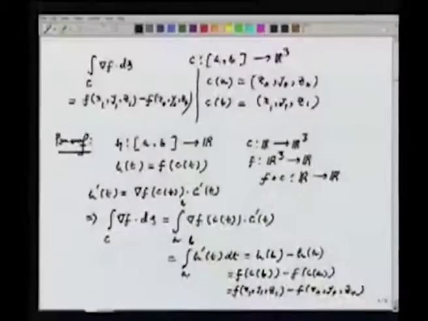Now before observing some more things about this result, let us see how it makes our life easier. So I will try to calculate another line integral. In this case, to make things simple, I will concentrate on the two-dimensional case. So let us take this force field, F(x,y) equals (y, x).